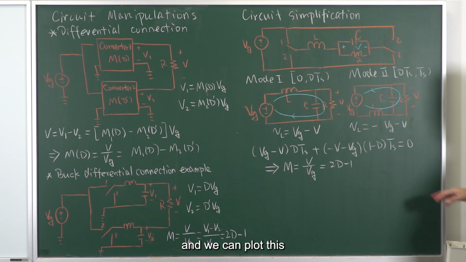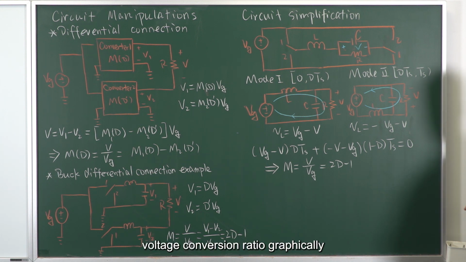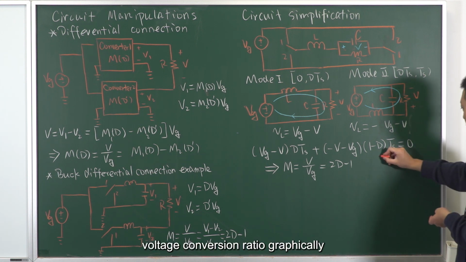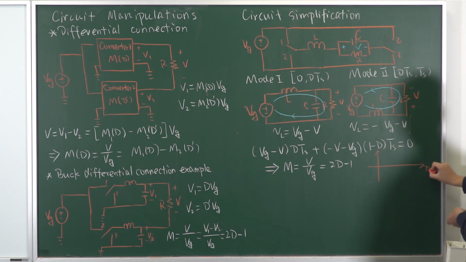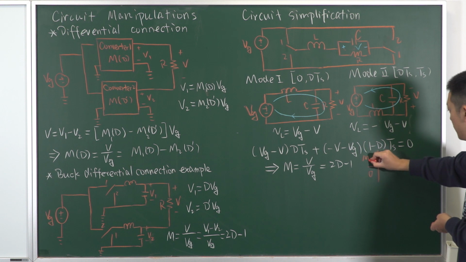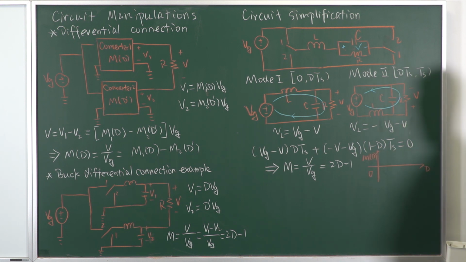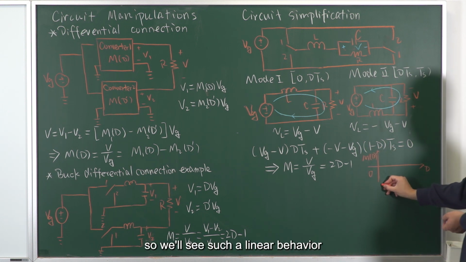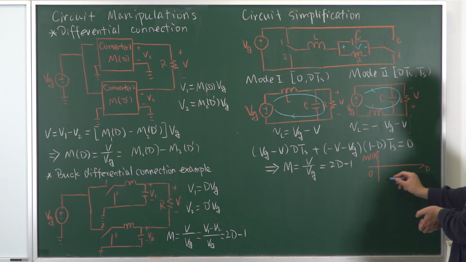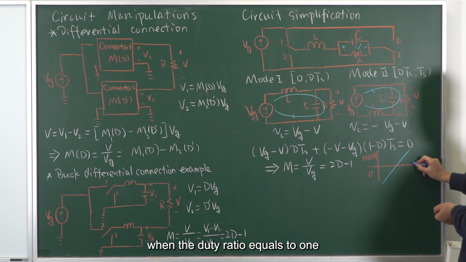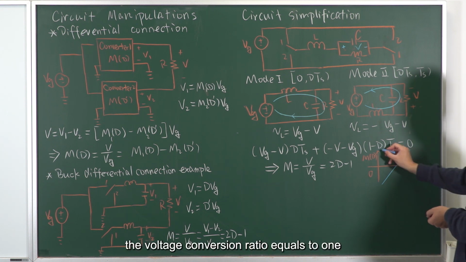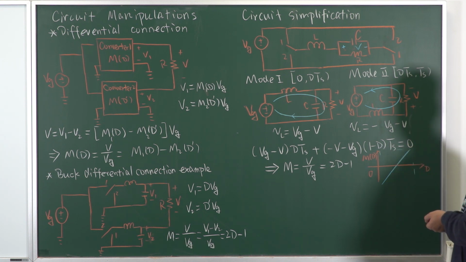And we can plot this voltage conversion ratio graphically. So we'll see such a linear behavior. When the duty ratio equals 1, the voltage conversion ratio equals 1.